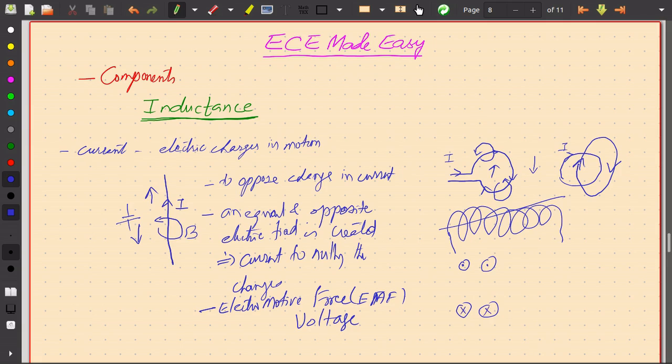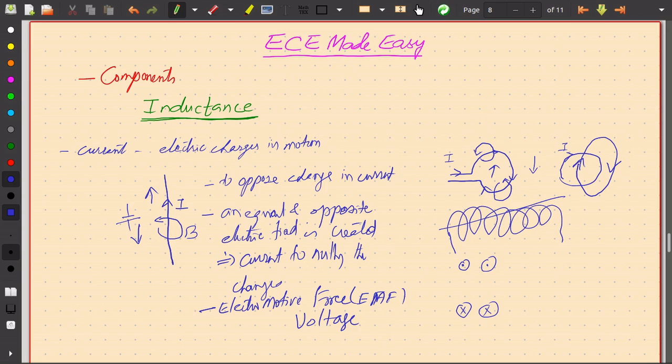The current is in the third dimension, the z direction, and we are just looking at two parts of the coil. When the current is flowing, it is coming out of here.